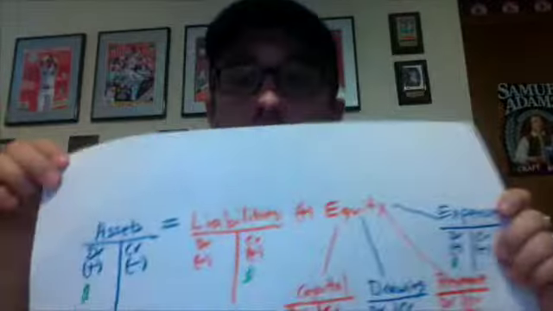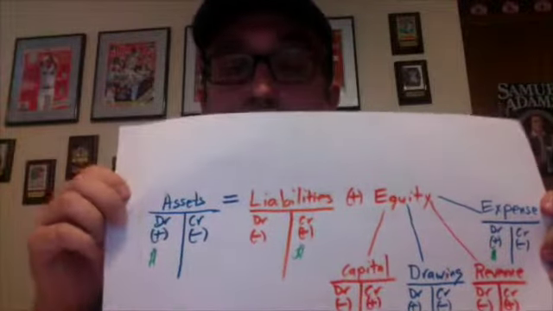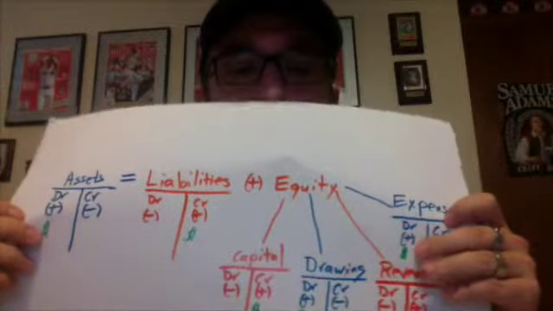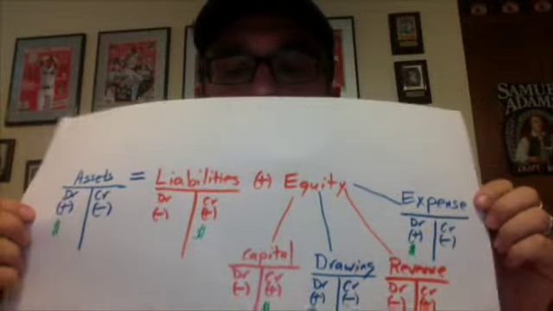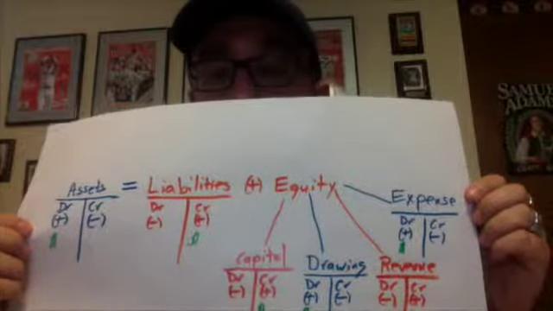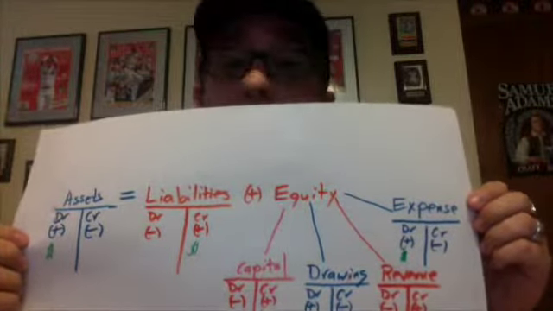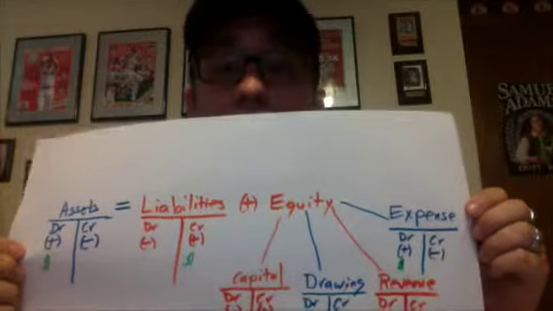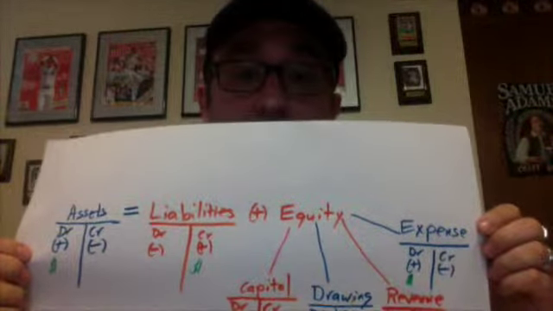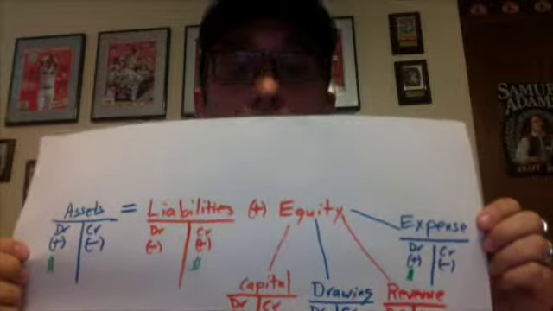Well, when I increase my expense account, which you see over here, you would end up debiting that account. Obviously, because all expenses increase with the debit. On the other hand, my cash, which is an asset, I'm decreasing it. So I have to go against a normal balance, which is a credit.